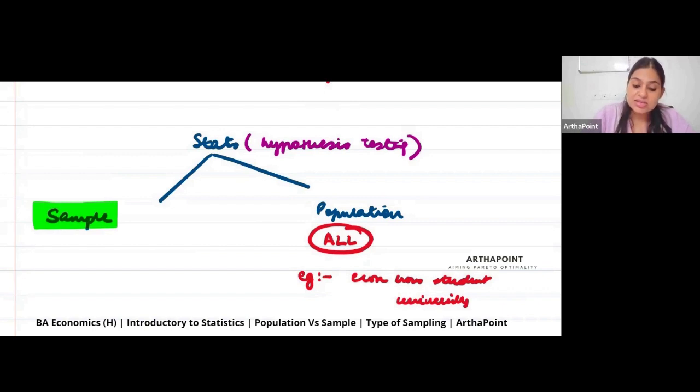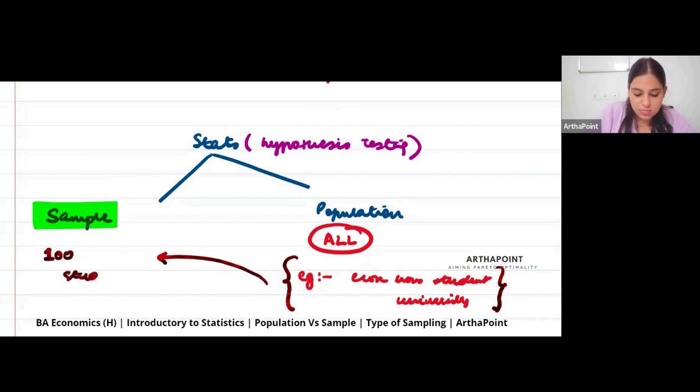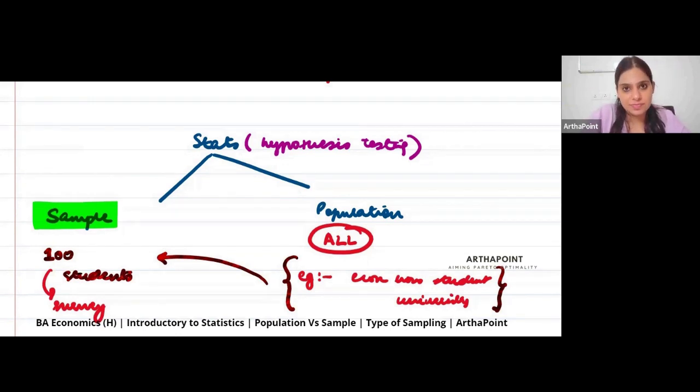So when I ask the sample, I will go ahead and say that out of all the economic honors students that are there in the university, pick up any 100 students and do a survey with them. So a sample is some part of the population. A population is always its entirety. Population is everything. Sample is some part of the population.